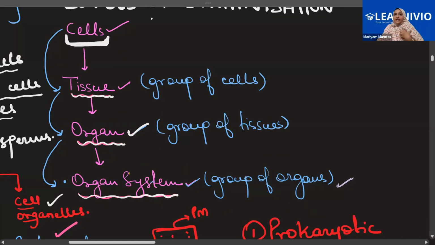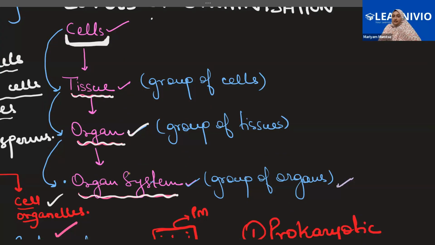For example, in our body, our eyes are responsible for sight, right? We see everything because of the eyes. But do you think it will be possible for us to see without the brain? No. Why? Because when we look at something, immediately our brain forms the image.